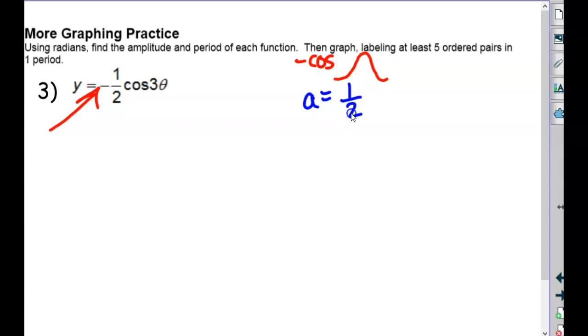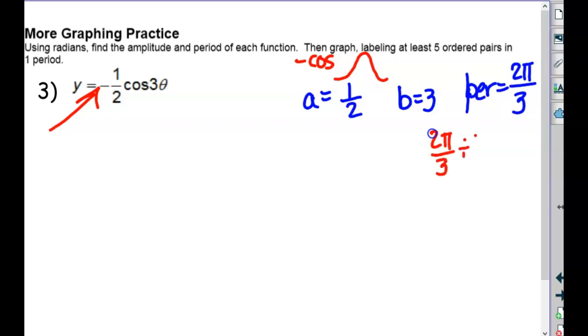Amplitude is always positive. The B value is 3, so that makes the period what? 2 pi divided by 3. It's always 2 pi divided by whatever B is. Okay, the quarter points are going to be interesting. 2 pi over 3, we need to divide that by 4. What does dividing by 4 do? Multiplies by 1/4.